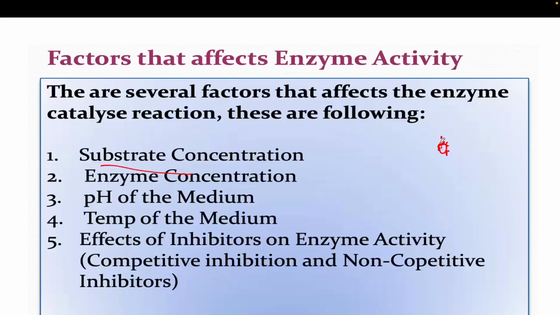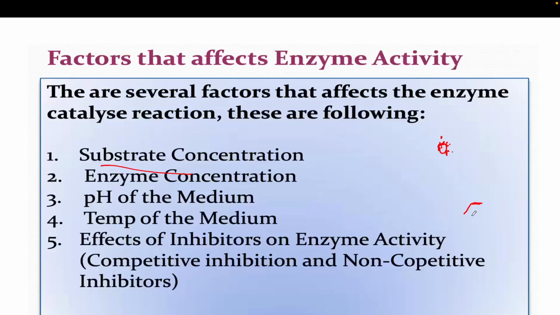With time, when you increase the substrate concentration, what will happen is that with increasing substrate concentration the reaction rate will increase, and after a certain time it will reach a stationary phase. Why? Because all the substrate binding sites of the enzyme are now bound with the substrate. There is no free space to bind more substrate.